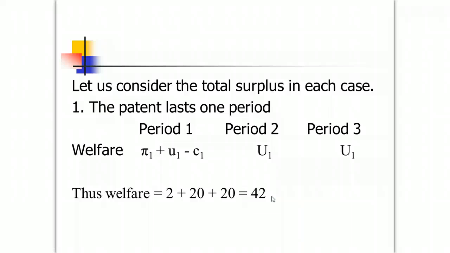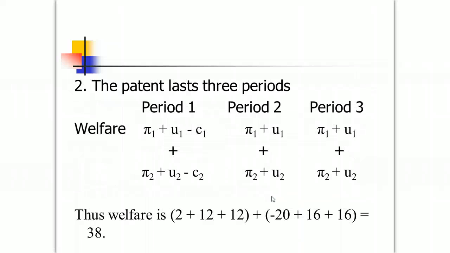There's no concern for innovation 2. It doesn't enter into the analysis because it's not created in the first place. No firm is going to incur an R&D cost of 36, when all it can recoup is 12 for 1 period, and then its patent expires. So when the patent lasts 1 period, you have an outcome of 42, whatever the units are, in terms of surplus.